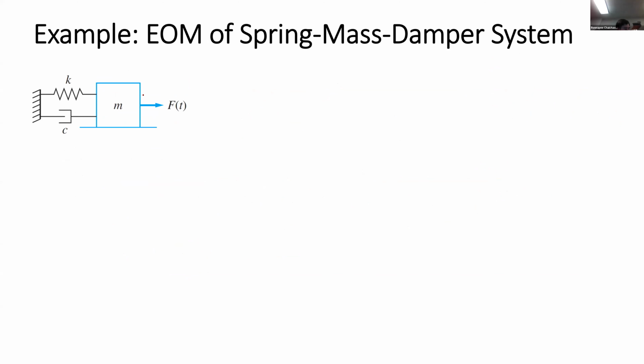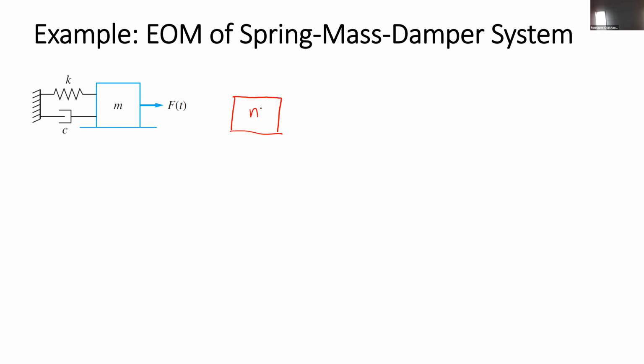And how to derive the equation of motion of the spring, mass, and damper system. I hope at the end of this class, all of you can deal with this problem. This may be the third or the fourth time that we are going to write down the free body diagram and derive the EOM of this system.